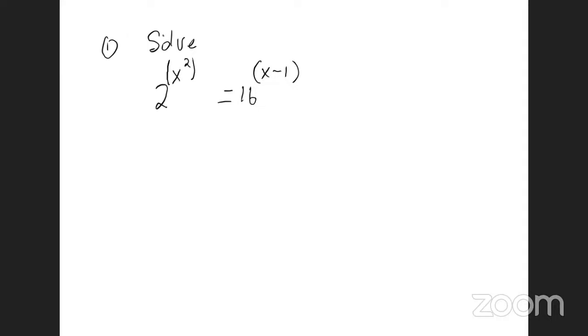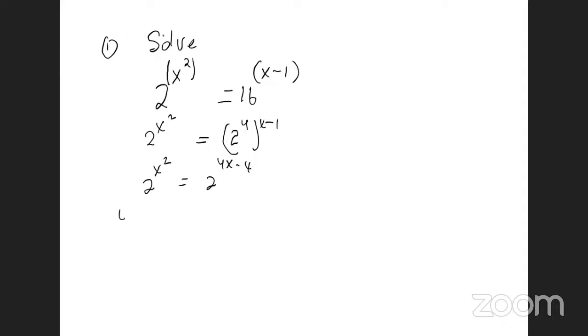All right, next. Let's check this out. So 2 to the x squared is equal to, convert 16. 16 is 2 to the power of 4 by x minus 1. So that's 2 to the x squared is equal to 2 to the 4x minus 4.